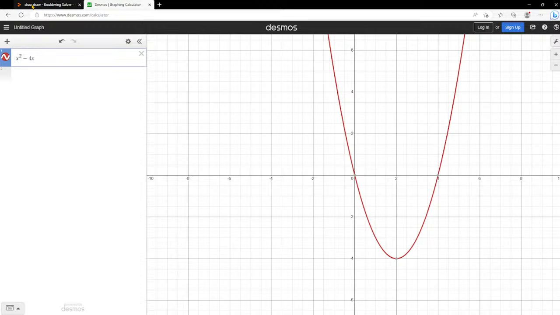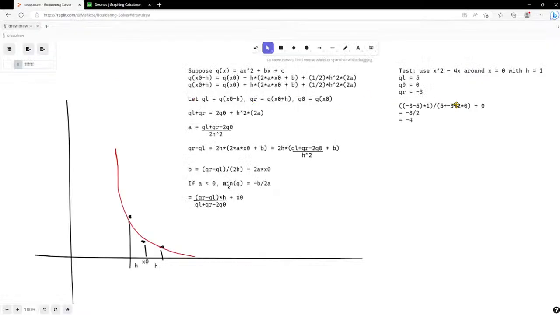So my 3 points are correct. Did I do this math correctly? In other words, did I plug in correctly? So -3 minus 5 times h divided by 5 plus -3 minus 2 times 0.